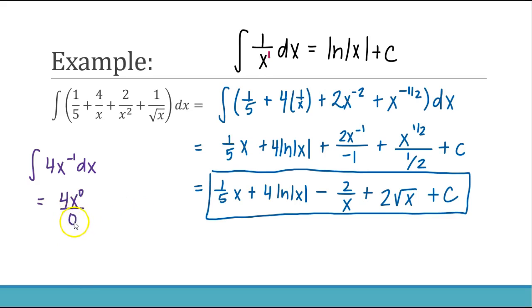Remember that we can't divide by 0, so the power rule didn't apply in this particular case because there is a different answer. It's the natural log of the absolute value of x. So this wouldn't work, and hopefully you'd see that if you tried it and remember what the actual antiderivative is.